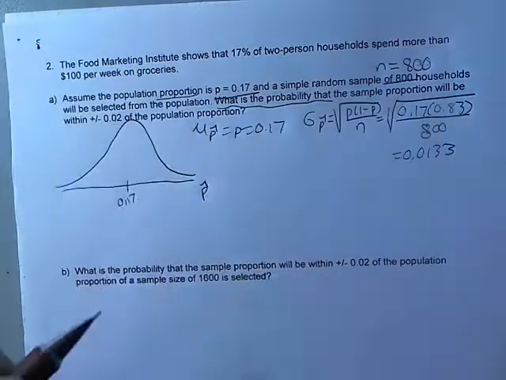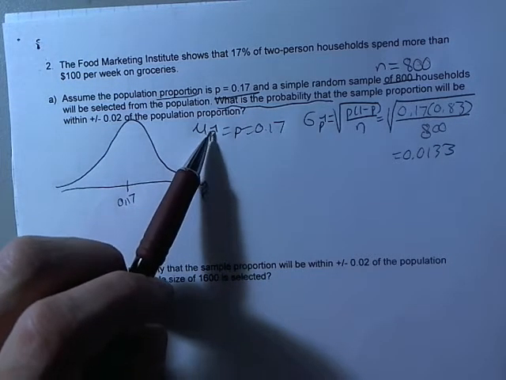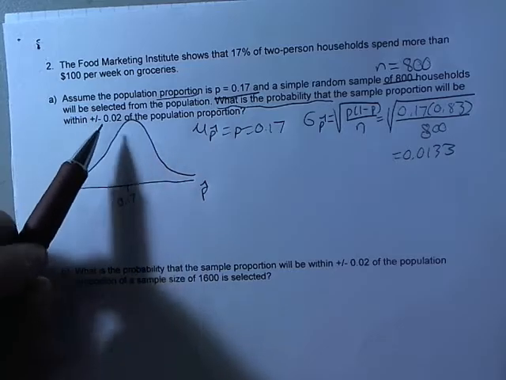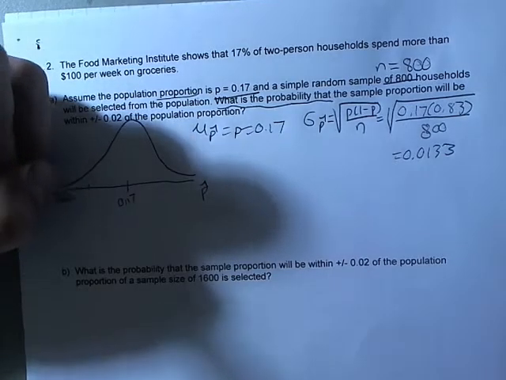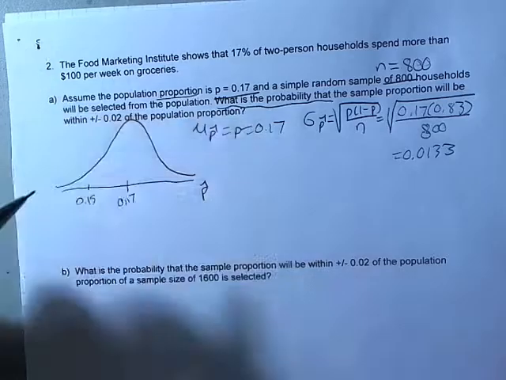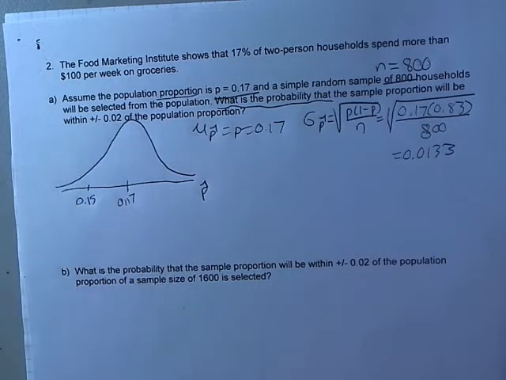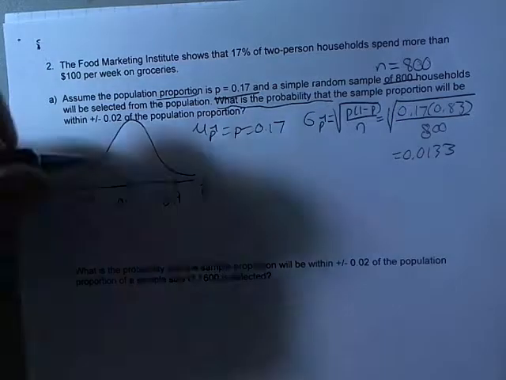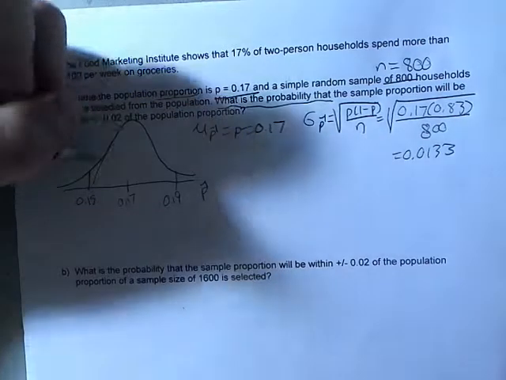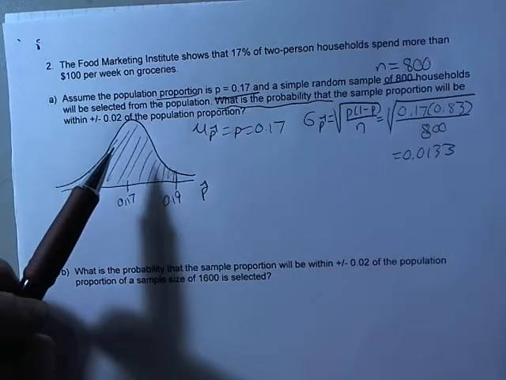So start in the center here. 17% is the mean of our sampling distribution of the sample proportion. Our upper and lower specs this time are within 2%. So the value that is 2% below 17% is 15%. The value that is 2% above is 19%. So that's going to frame the area that we're solving for.